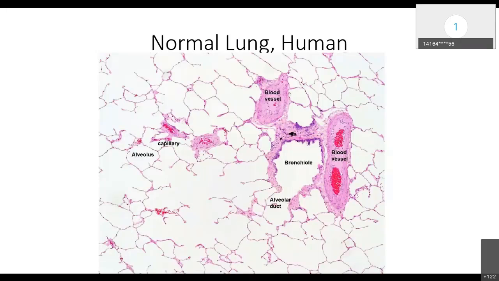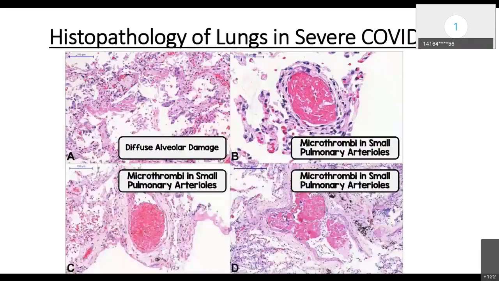Now I'm going to show you a lung from a corona patient. This is the histopathology image of a lung from a patient who suffered from COVID-19. If you compare this slide with the previous one, you can see that slide A has a number of inflammatory cells and alveolar damage, even hyperplasia of alveoli.